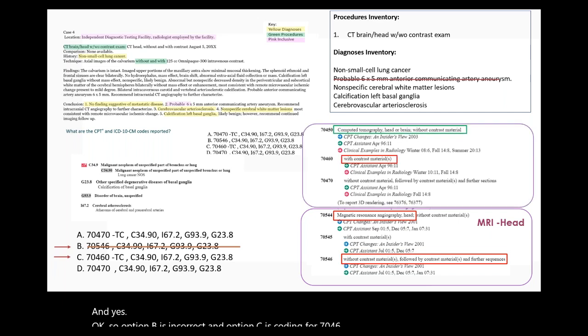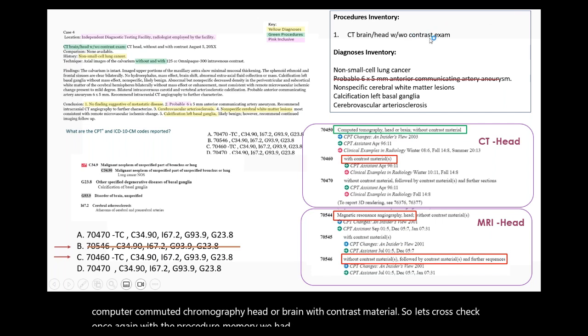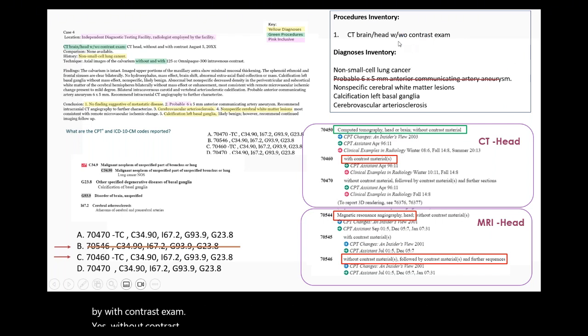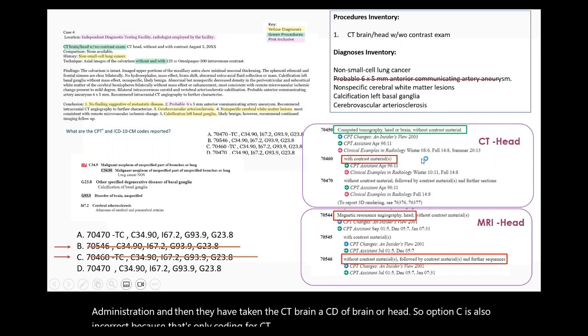That would be for a CT, that is a computed tomography, head or brain with contrast material. So let's cross check once again with the procedure inventory. We had CT of brain or head without contrast exam followed by with contrast exam. Yes, without contrast administration followed by contrast administration, and then they have taken the CT of brain or head. So option C is also incorrect because that's only coding for CT of head or brain with contrast material.